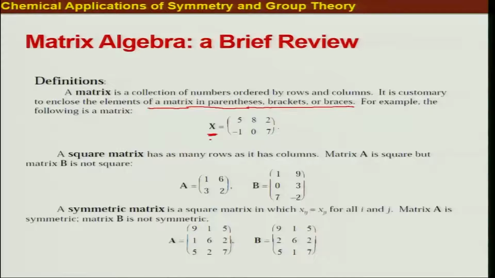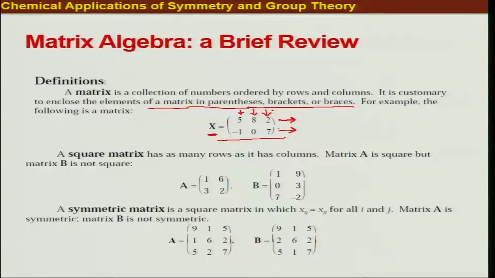So this X is a matrix written in this way. You can see there are two rows, and here are the columns, so I have three columns. This matrix X has two rows and three columns.